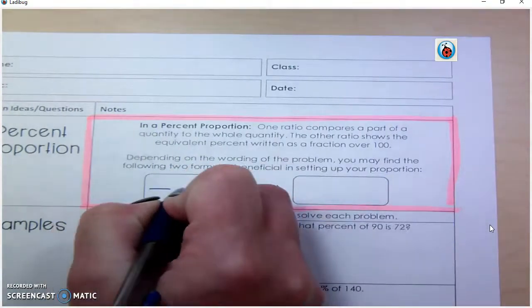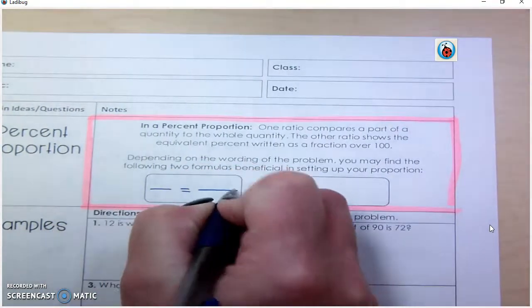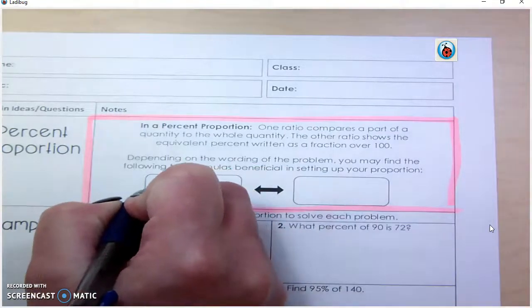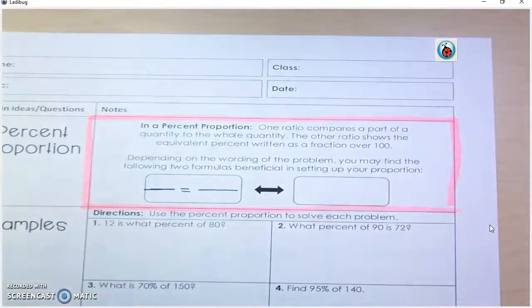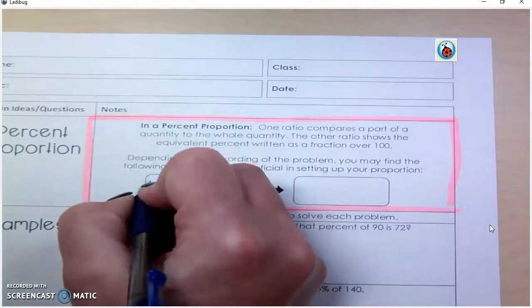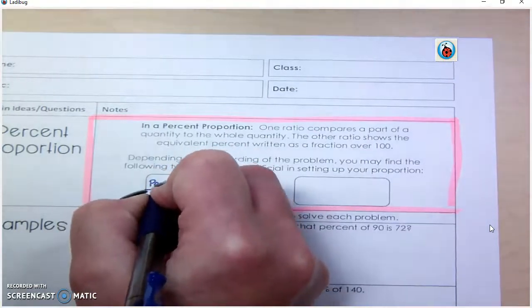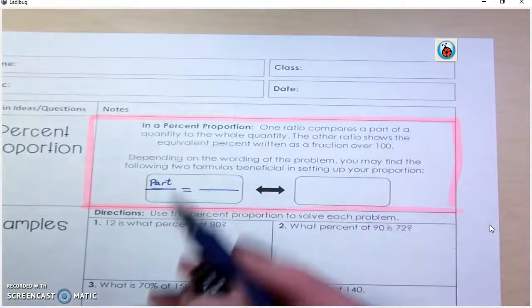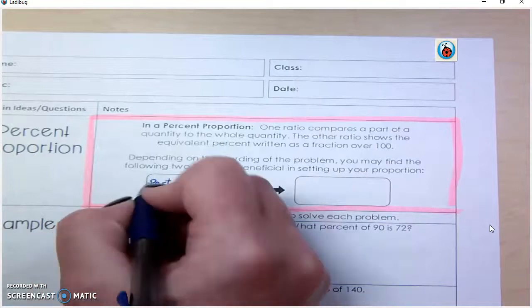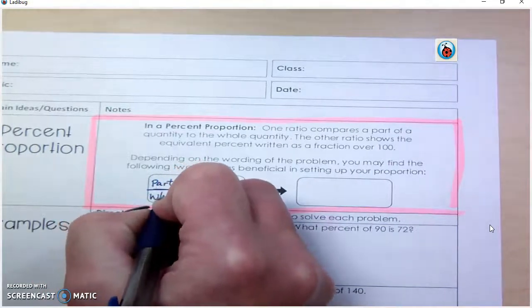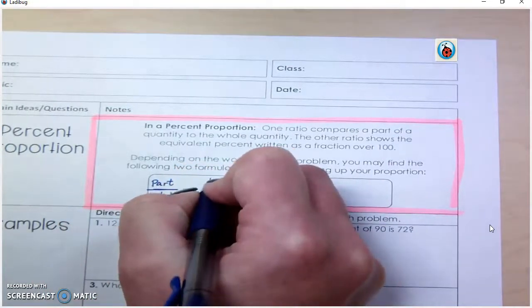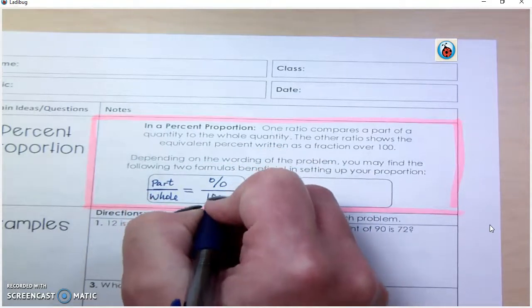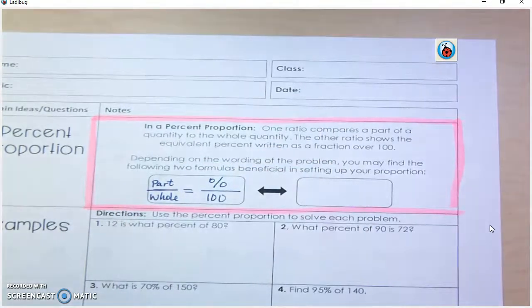Let's set up our proportion format. It's a very, very specific format. Let's convert this phrase into our little chart: part, whole, percent out of 100. This is the format that we are using.